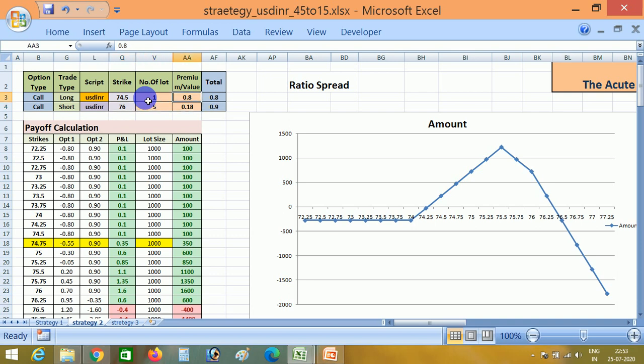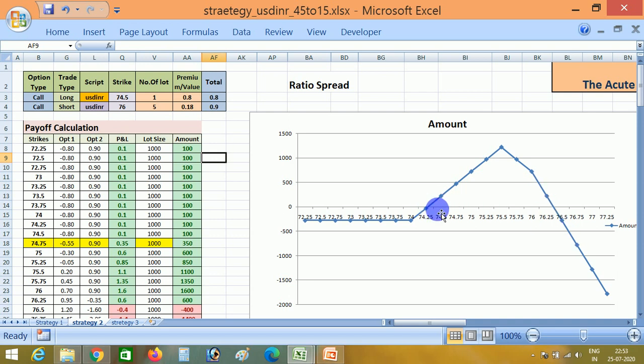I usually trade 1:5, that's why I used 1:5 here, but this is the basic we use. And the graph is shown like this: on the downside we have net profit or neutral, and on the upside, if the USD INR comes to our short side, first it will give us maximum profit, then it will slip to the loss side.